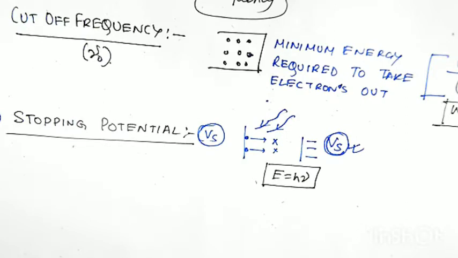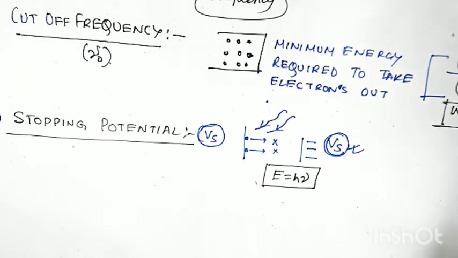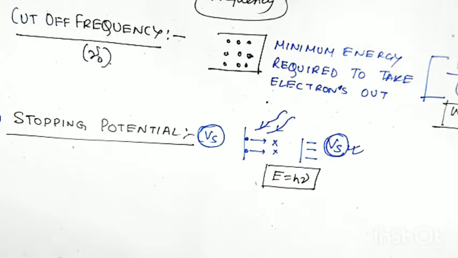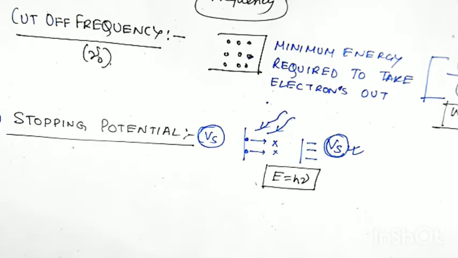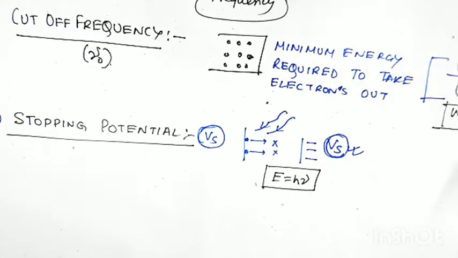If the frequency is the same, the energy carried by each quantum is also the same. So they are not able to give the electrons more energy, and the electrons are not able to break the stopping potential even if I increase the intensity.